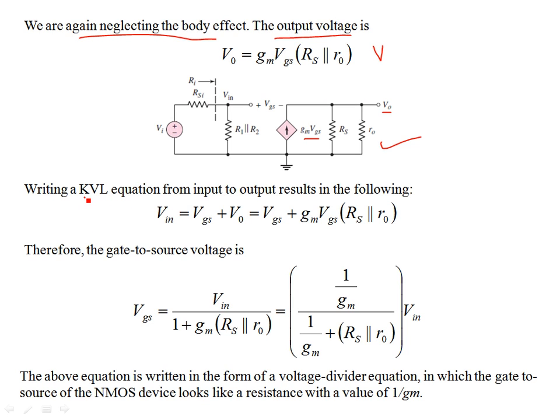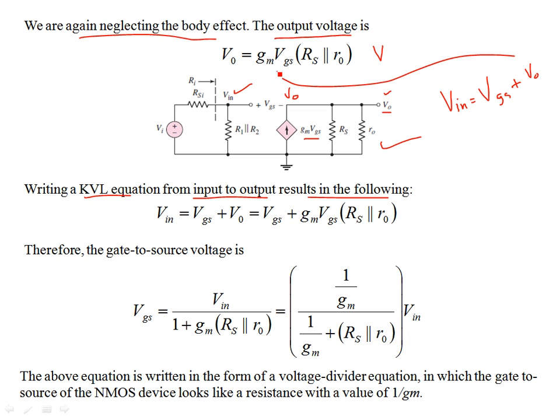And if you write a KVL equation from the input to output, it results in the following relationship. This is my input and this is my output. Applying the KVL, this is my output node. You can see that Vin is equal to VGS plus V naught. And what is V naught?